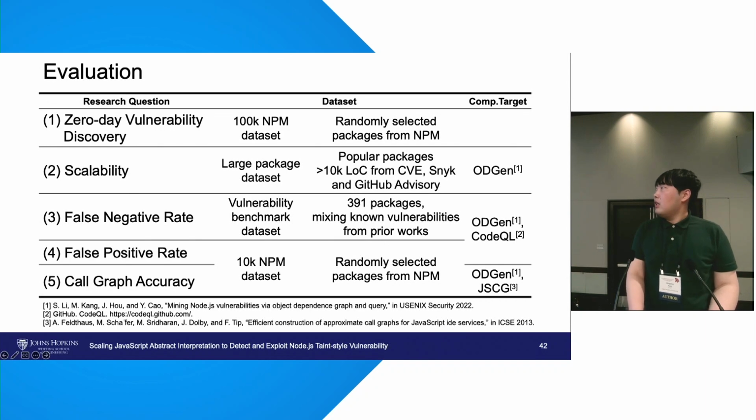We compare FAST with ODGen, our previous state-of-the-art abstract interpretation tool, CodeQL, a state-of-the-art syntax-directed static analysis, and the JS call graph, an open source tool for JavaScript call graph generation.